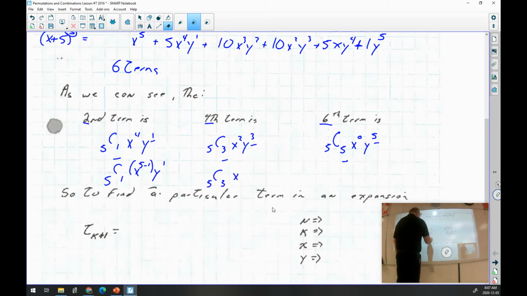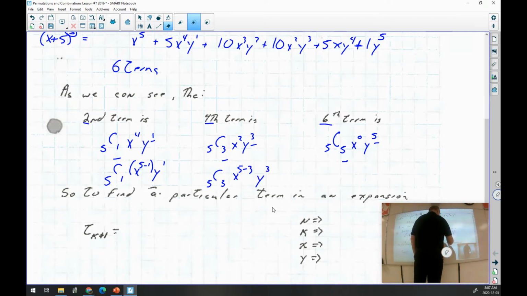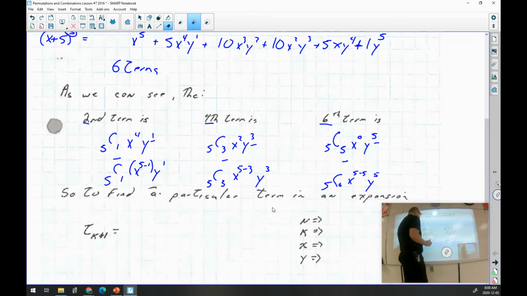I would never do this, but this is how I get there. So again, we are relating the term to those ones I've underlined, and we're also relating the term to what we're taking away from 5 over the first term.